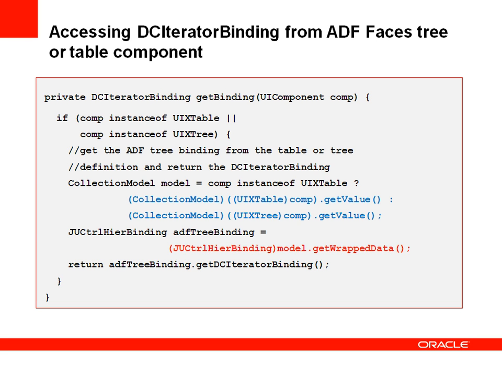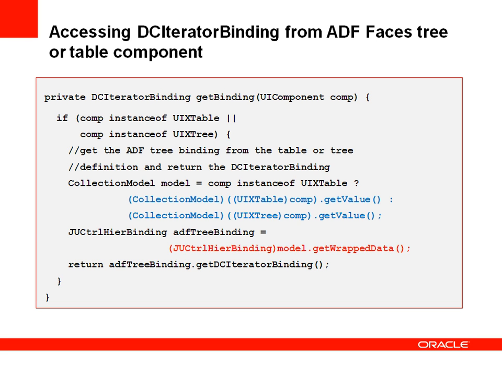The collection model is the implementation of the ADF faces component model, and it has a method called get wrapped data, and the data wrapped in there is the ADF tree binding, as you can see in the line with the red color. So we get the control hierarchical binding from the wrapped data of a collection model in a tree and a table.